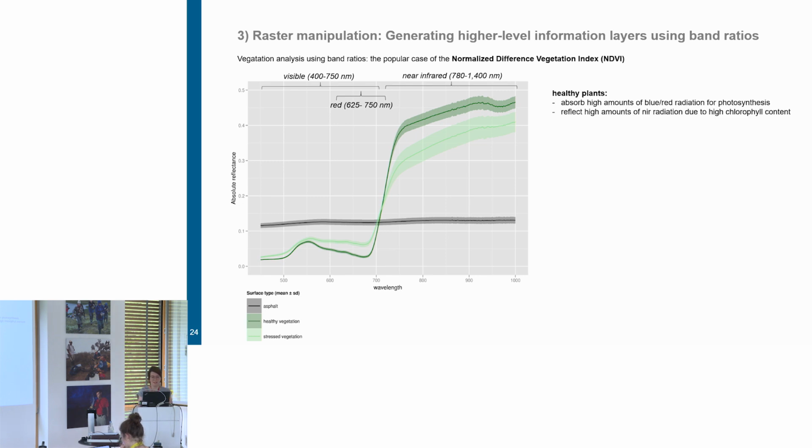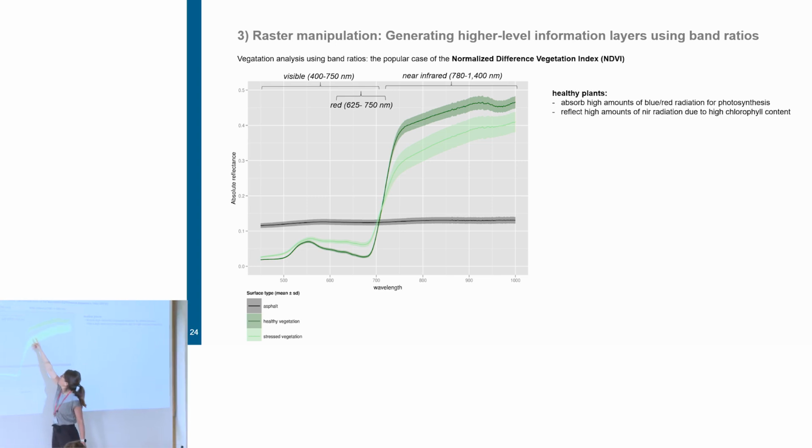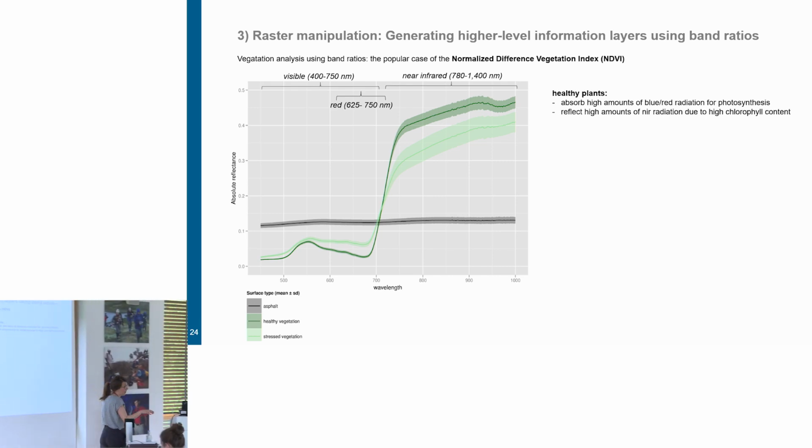The idea is that healthy plants absorb high amounts of blue and red light, and that's what we see here, and reflect a lot of radiation in the near infrared spectrum. This is due to the high chlorophyll content of the plants.